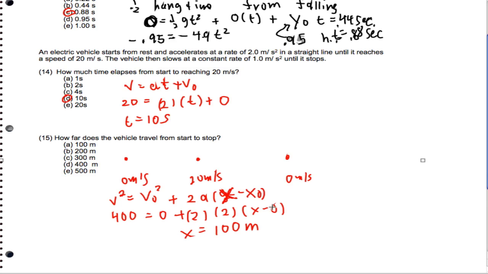Now I need to get the distance that I traveled during the second part of my trip. So I'm going to rework this equation again for the second part. That's going to be 0 squared, because that's what I wind up at, equals 20 squared plus 2 times negative 1 times y minus y naught. So now there's two ways you can do this. Some people put in 100, okay?